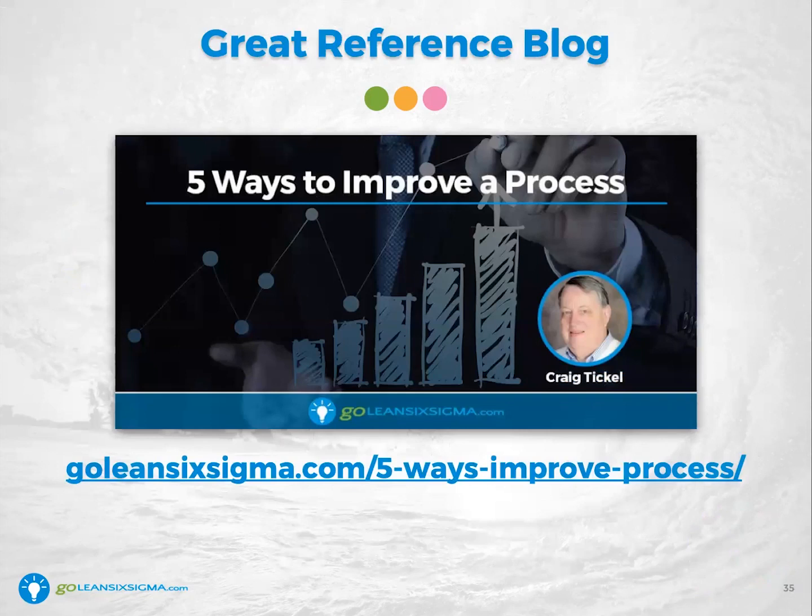And 2 of them are related to what we're talking about today. One of the methods is to reduce common cause variation. And another method he talks about is reducing special cause variation. So it's a great add-on once you're out of this webinar. I highly recommend it. We've got a link here, or just look up 5 ways to improve a process, or look up Craig Tickle.